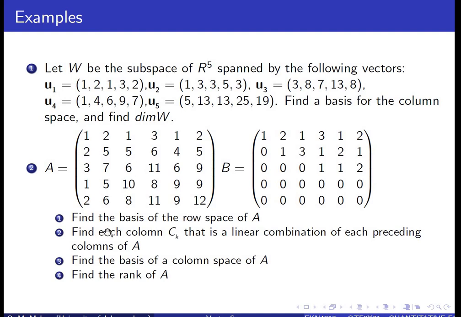So as soon as I say find each column CK that is a linear combination of each preceding column of A, it means I'm looking for non-bases. For instance, in the algorithm, all the columns with pivots in them correspond to column bases. This has a pivot.